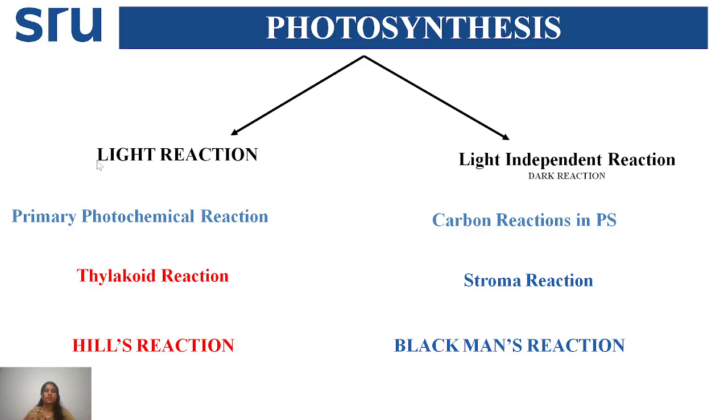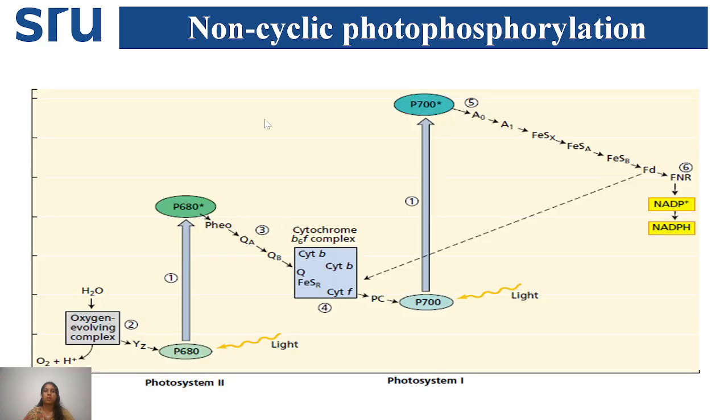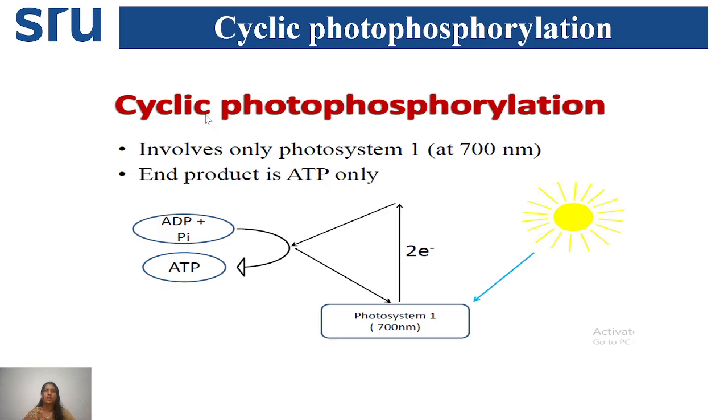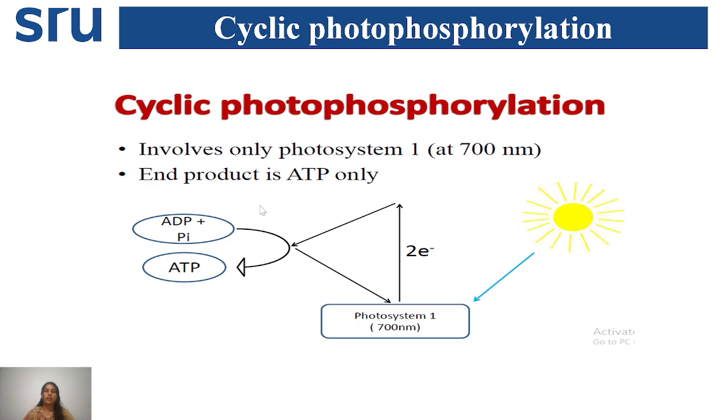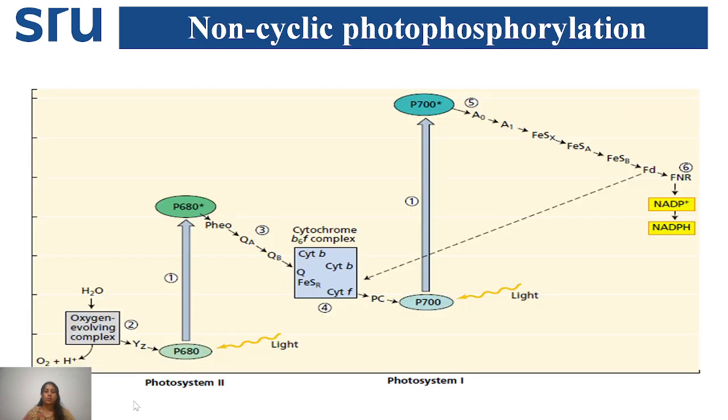So, coming to non-cyclic photophosphorylation. In the light reaction, we again have two categories: one is non-cyclic photophosphorylation and the other is cyclic photophosphorylation. Why we call them non-cyclic and cyclic is that there are two photosystems during the light reaction, present on the thylakoid membranes.